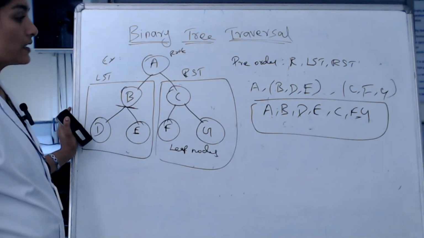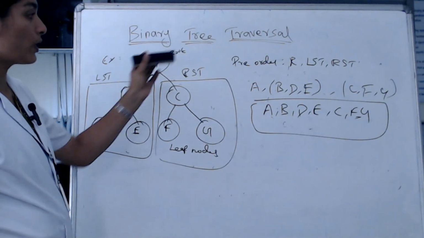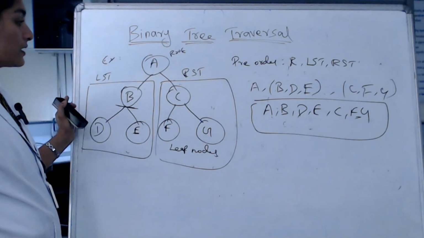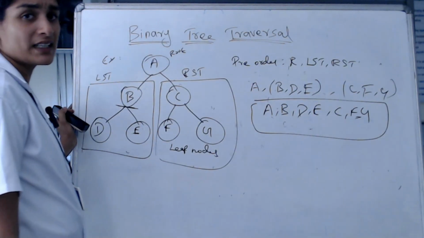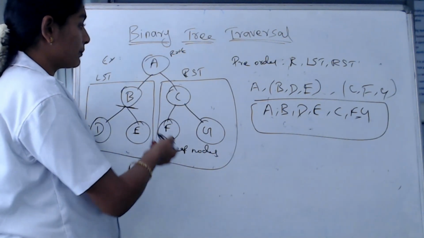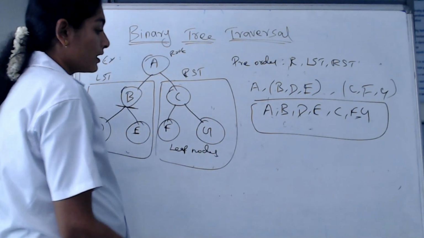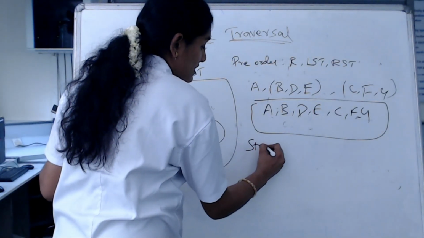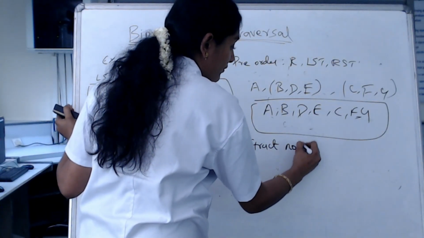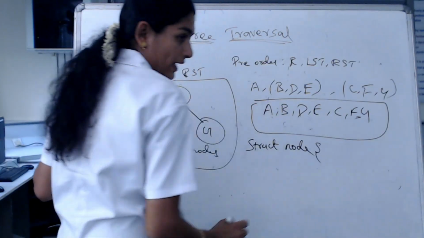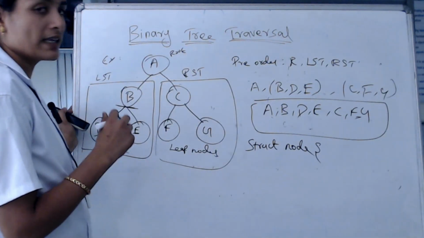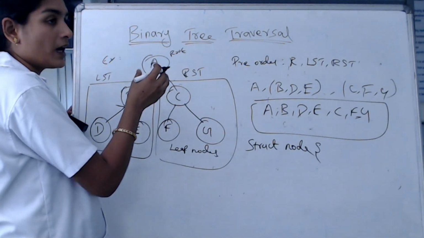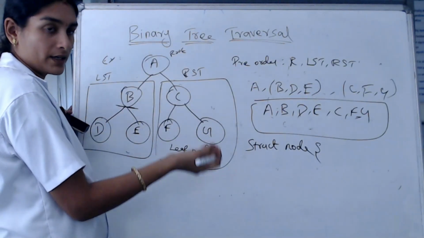Next, let me explain how to write code for this pre-order traversal. Use linked list representation for representing this binary tree. First, define the node. For defining the node, we can use a structure because here the node is the collection of current data, the address of the left child and the address of the right child.